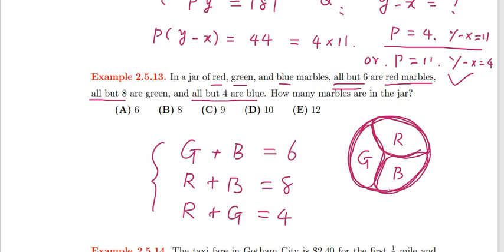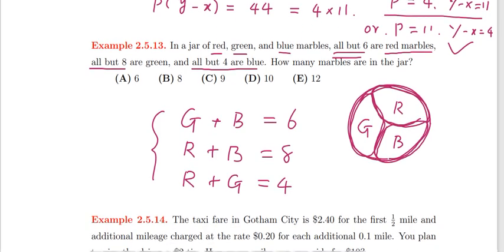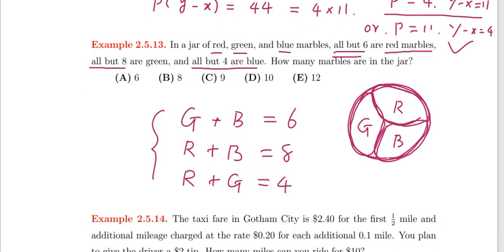Okay, so here we have 3 unknown variables and 3 equations, so we can solve for them. How can we solve them? If we add these 3 equations together, we have 2G plus 2R plus 2B equals 18, right?